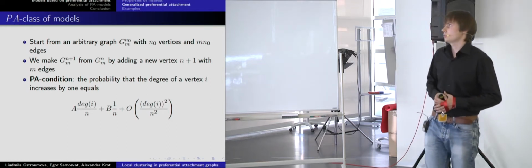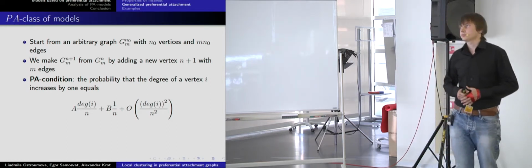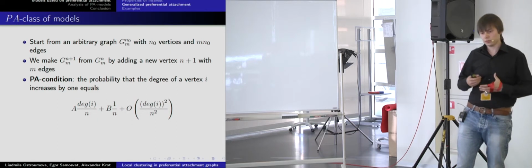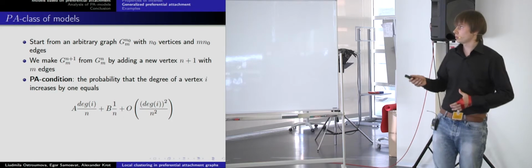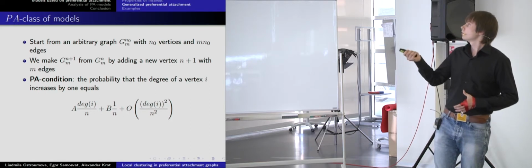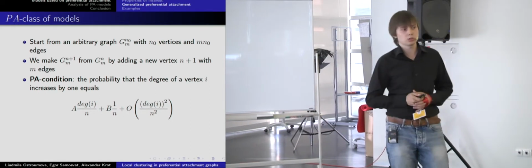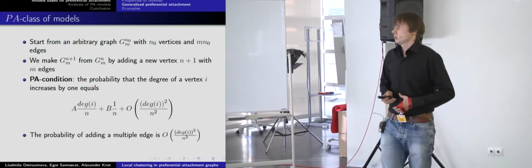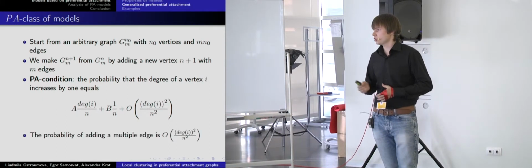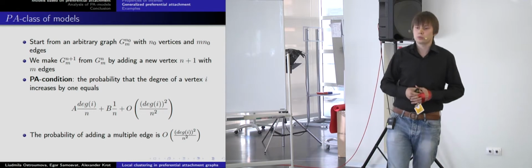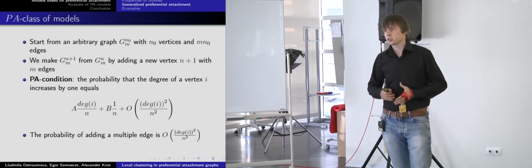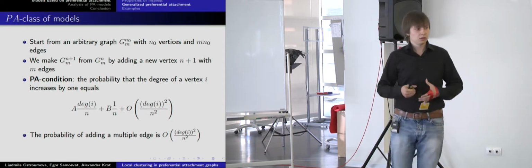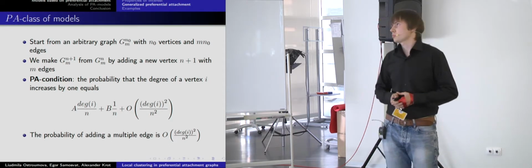It means that the probability that the degree of a given vertex increases by 1 equals the following expression. And we also want the following condition to be satisfied. We want the probability of adding a multiple edge to be very small, and it is the main idea of preferential attachment.